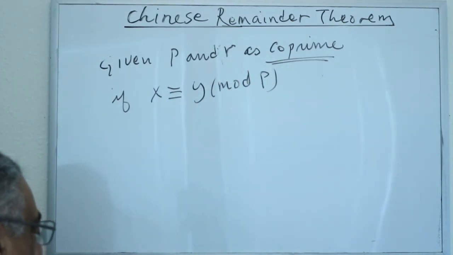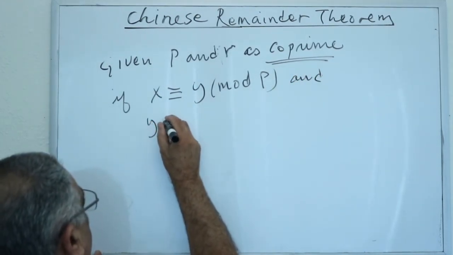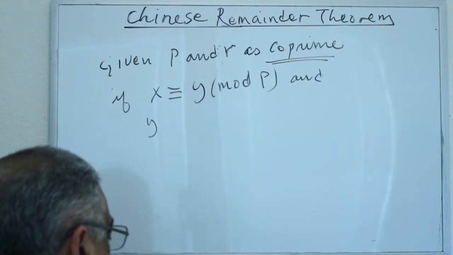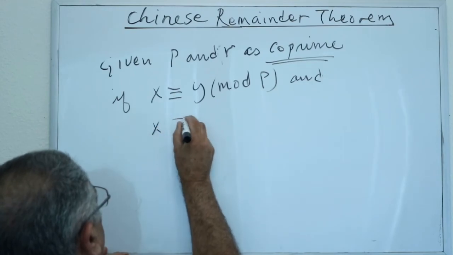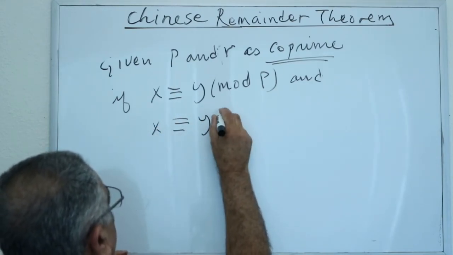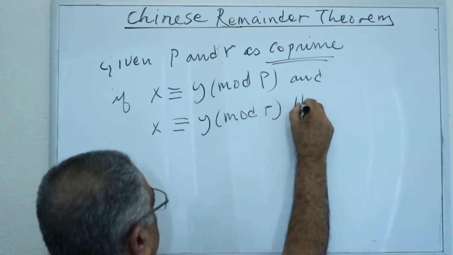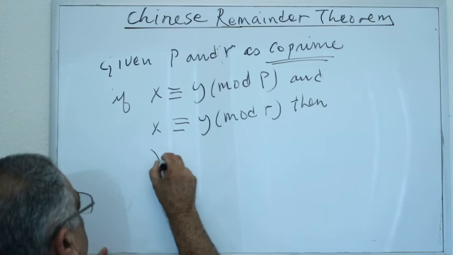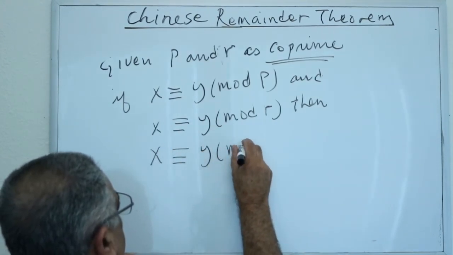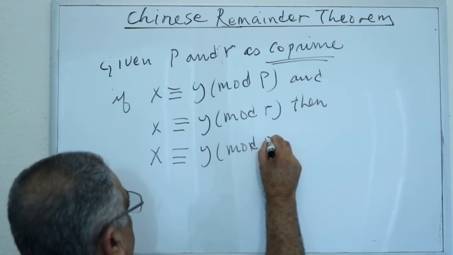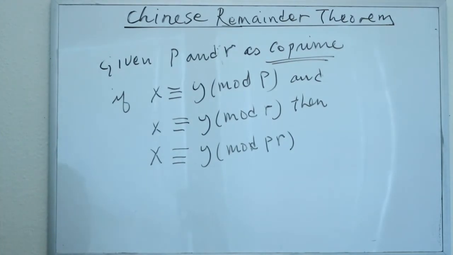So X is congruent to Y mod P, and X is congruent to Y mod R, then X is actually congruent to Y mod P and R, okay? So this is what I'm trying to solve.